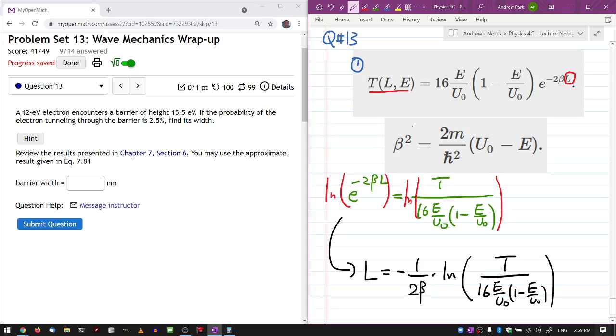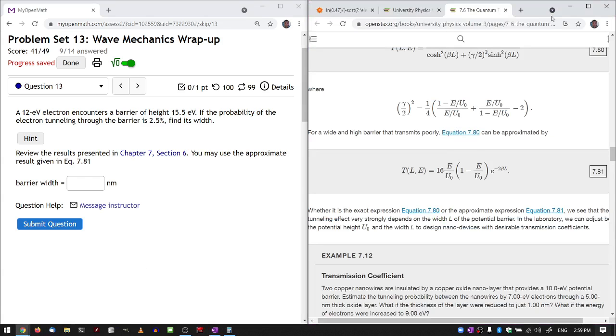And beta, let me put in the expression for beta, is 1 over 2 times the natural log of T over 16 E over U naught times 1 minus E over U naught, where 1 over beta is h bar divided by the square root of 2m times U naught minus E. Okay, I think that's something I can just plug in numbers to. So let's do that.